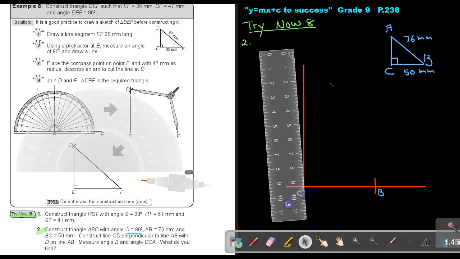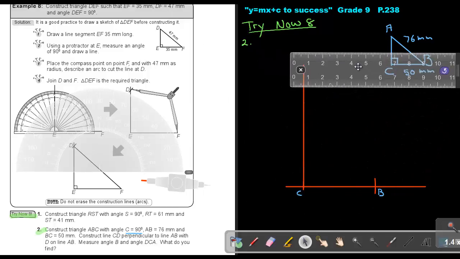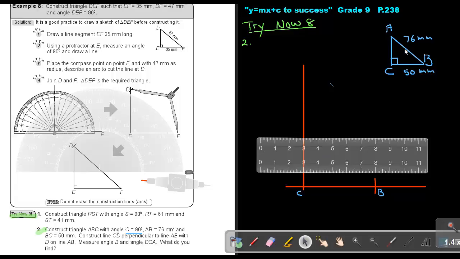Then use your ruler again. Now we're going to stretch the compass to 7.6 centimeters. Put it there and make it a little bit longer.